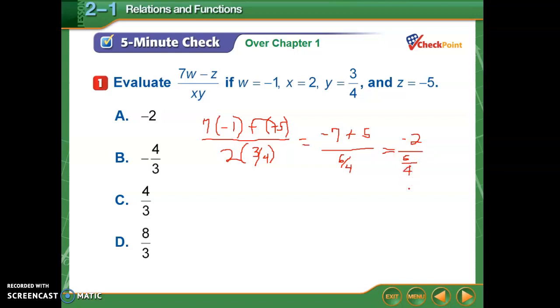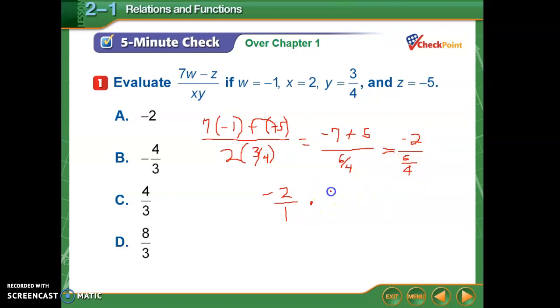Okay, so how do you simplify a fraction? When you are dividing a whole number or an integer by a fraction, let's bring down -2 over 1. And then instead of dividing, you switch to multiplying. So times, then what do you do with 6 over 4?